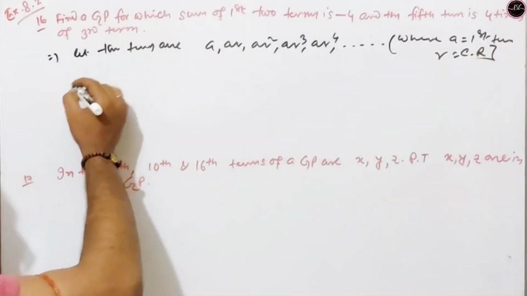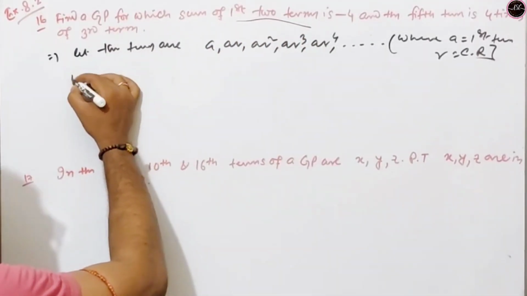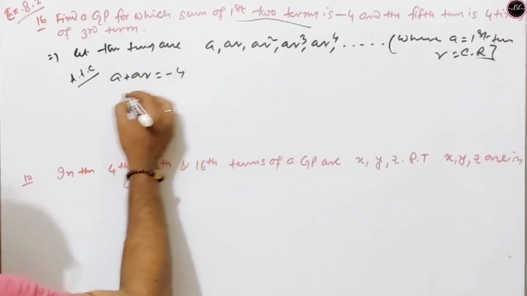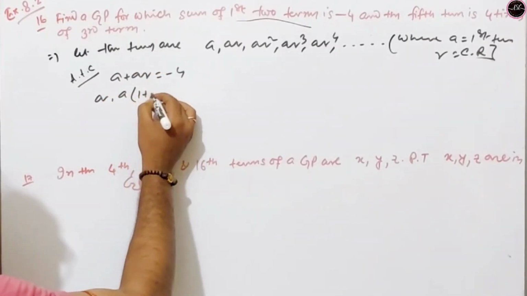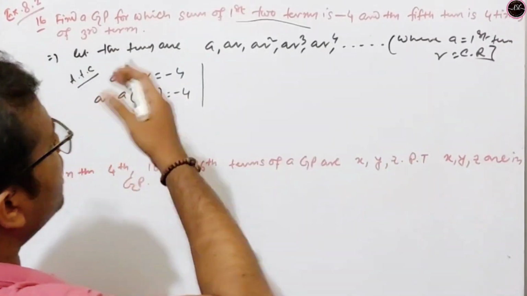Okay. So the sum of first two terms equal to -4. So according to the condition, a plus ar equal to -4. Just common here a, 1 plus r equal to -4.